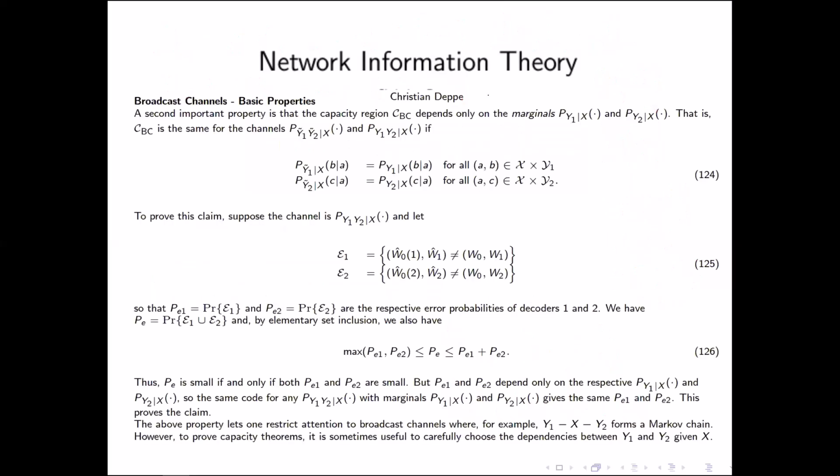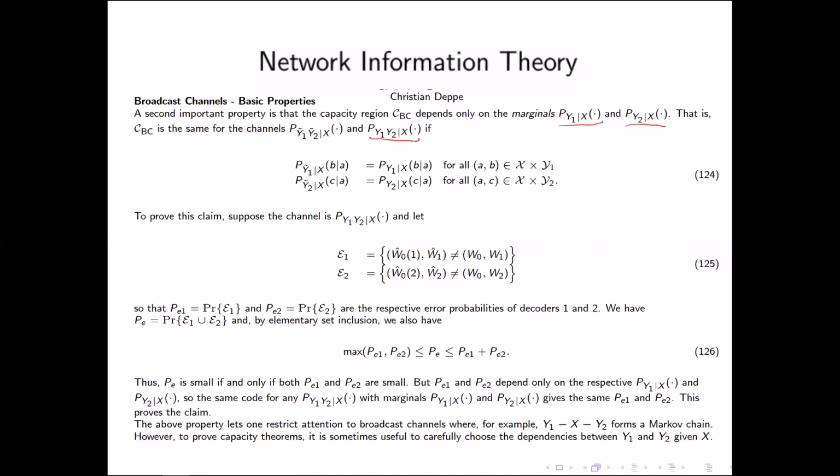The second property is perhaps a little bit surprising, but not so difficult to prove. If you look at a broadcast channel, then the theorem tells us that the capacity region of the broadcast channel only depends on its marginals. That means if you have a general broadcast channel P(Y1, Y2 given X), then it just depends on P(Y1 given X) and P(Y2 given X), which are the marginals of this channel.